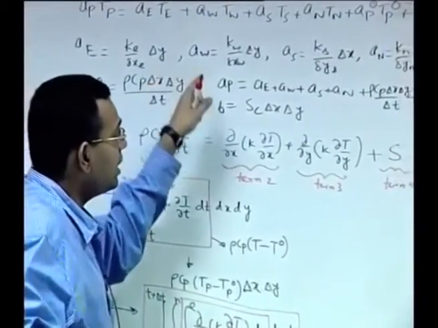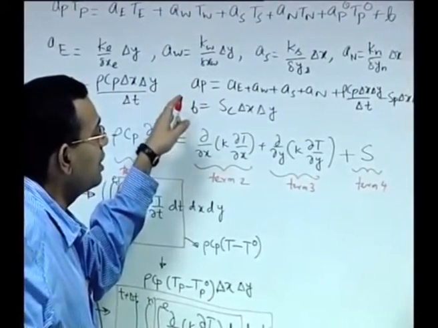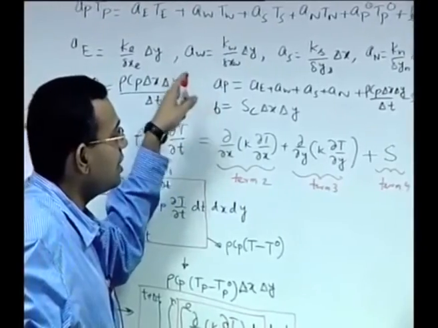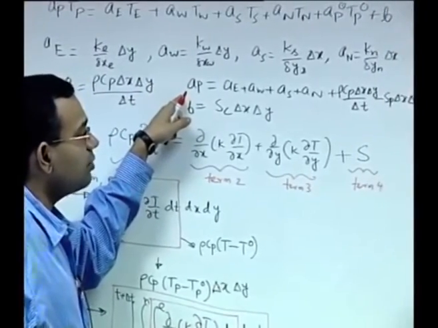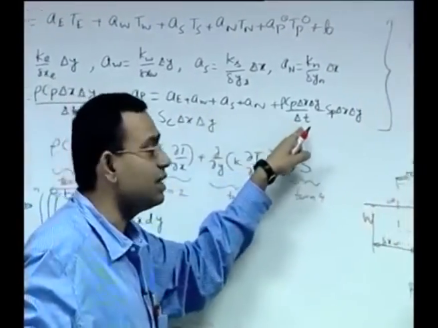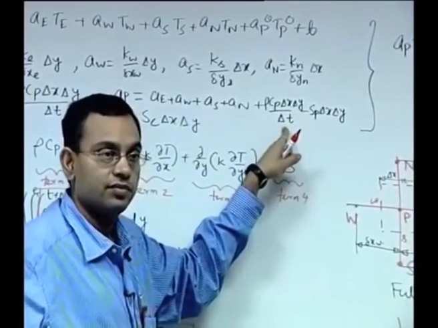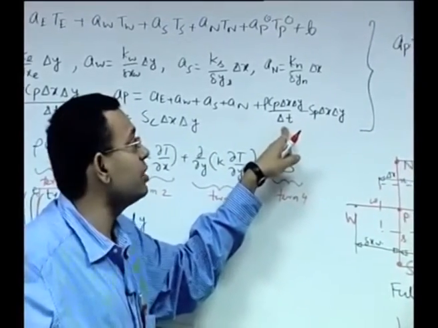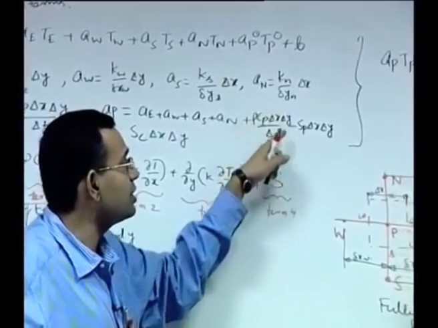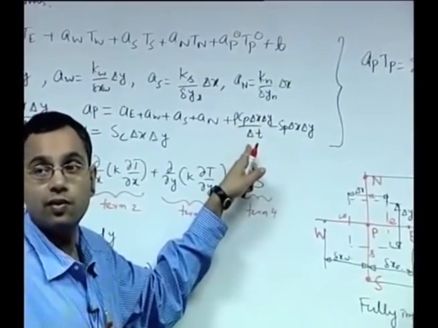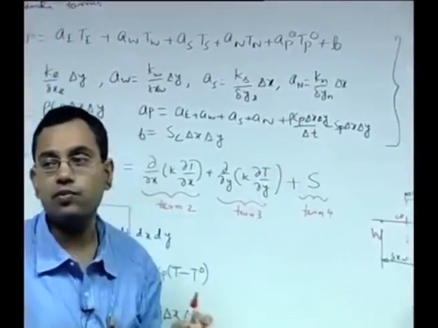And the other important thing that you may observe here is that this is an unsteady problem, but you can convert it into a steady problem by setting delta t very large, because if delta t tends to infinity, then the extra terms which come out of unsteadiness become 0. This is a trick that we many times play.